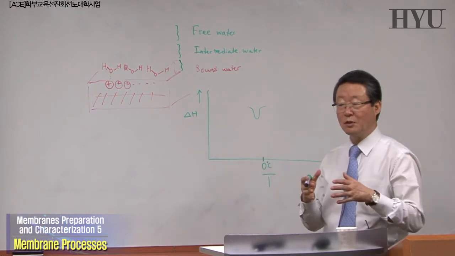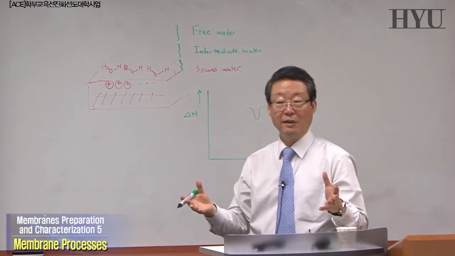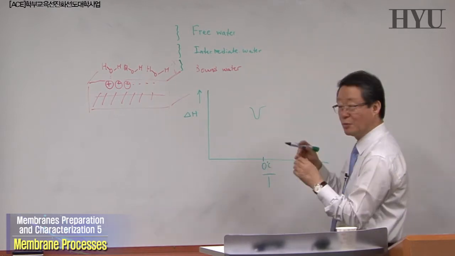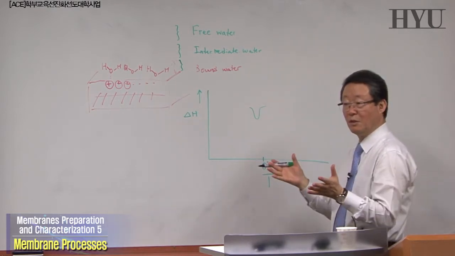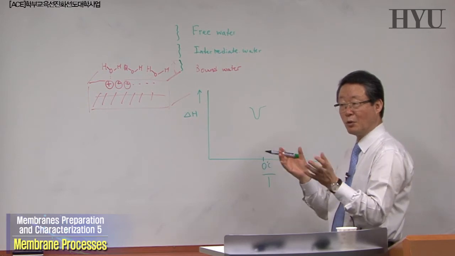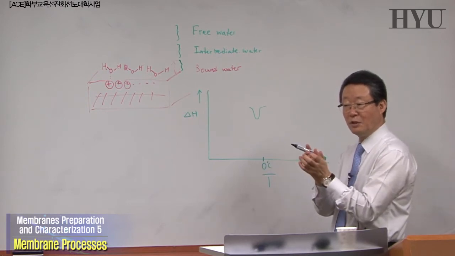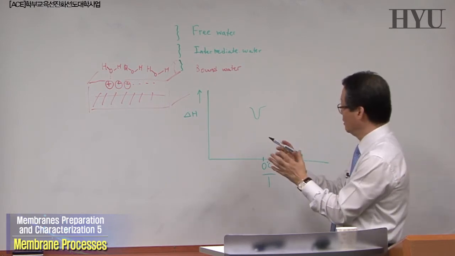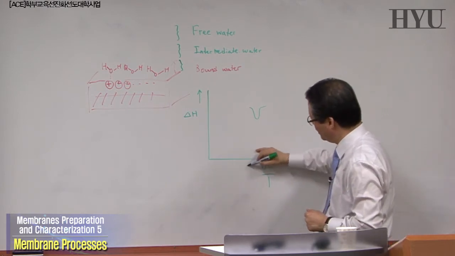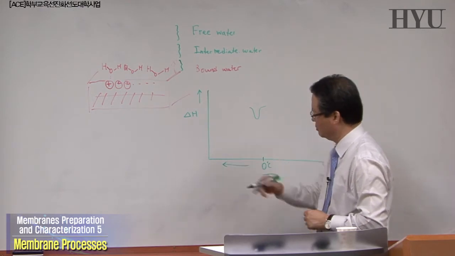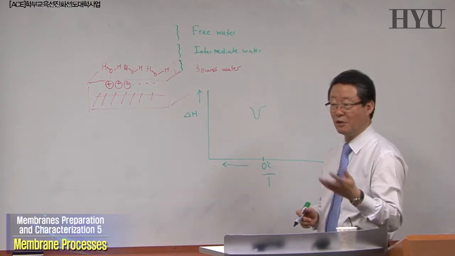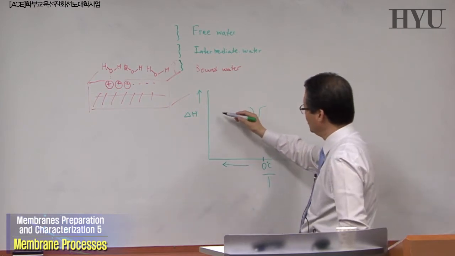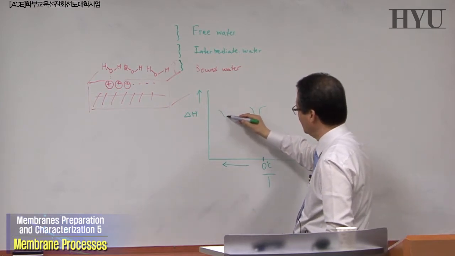So if you have a large amount of water, the area is much bigger. And if you have a smaller amount of water, a small swelling degree, then the area under the curve is smaller. And if you go down further to maybe minus 30 degrees, minus 50 degrees, depending upon the material, of course, you may experience another peak.